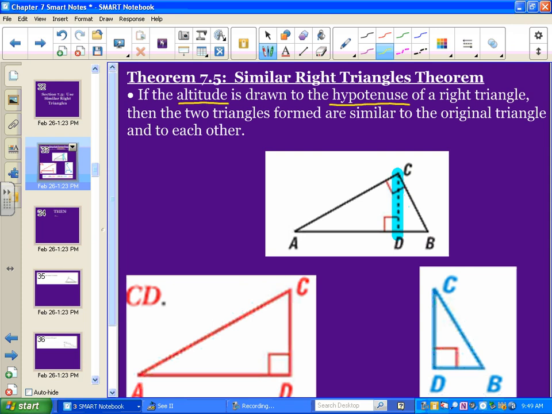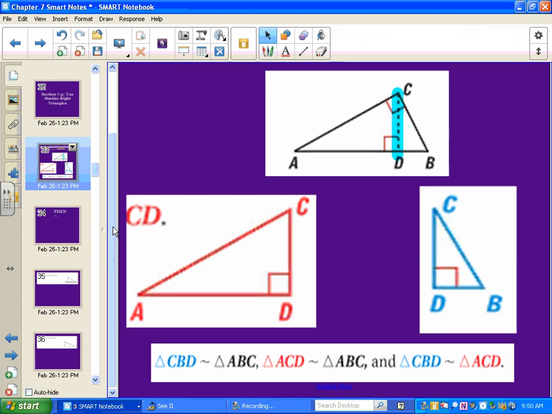The theorem goes on to say, if we have that, then the two triangles formed are similar to the original triangle and to each other. When we draw that altitude in triangle ACB, we now have three triangles: the original triangle ACB, and also ACD and BCD.